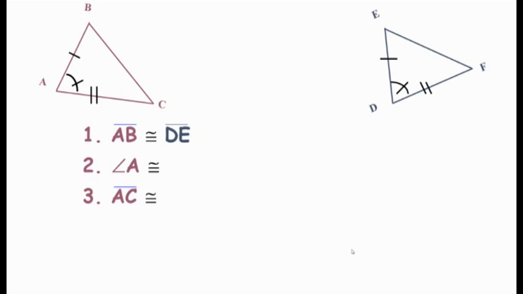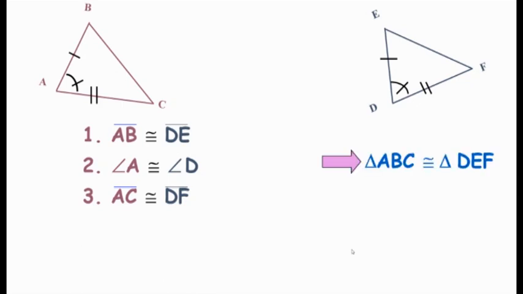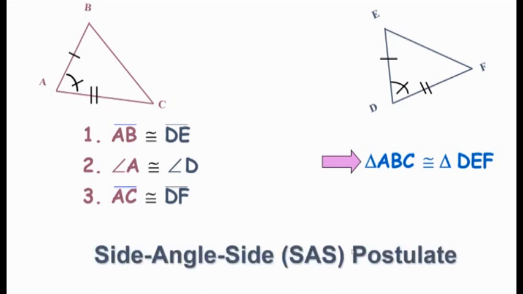Angle A is congruent to angle D. Side AC is congruent to side DF. We can say triangle ABC is corresponding to triangle DEF. So we'll say side, angle, side is the postulate here.